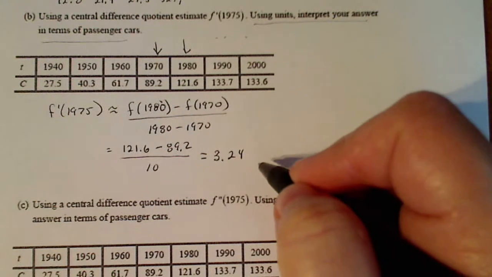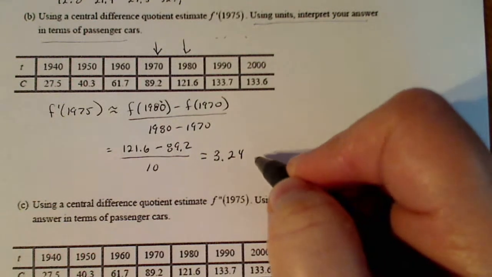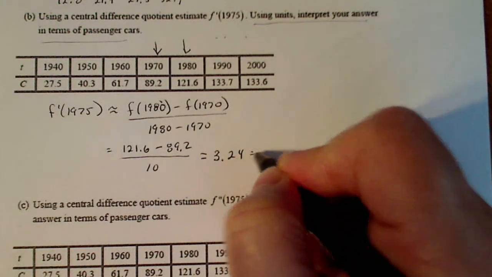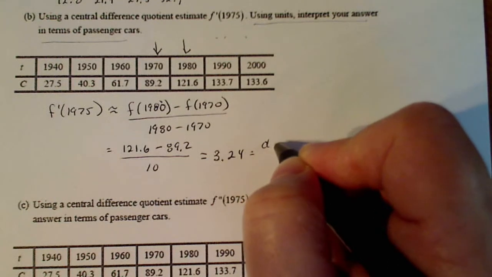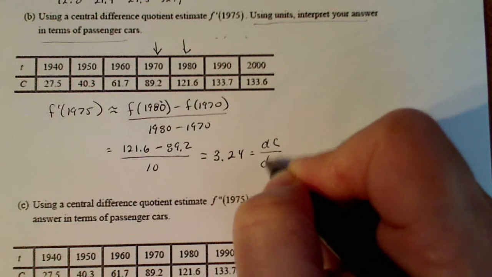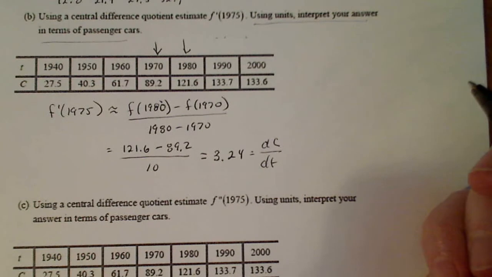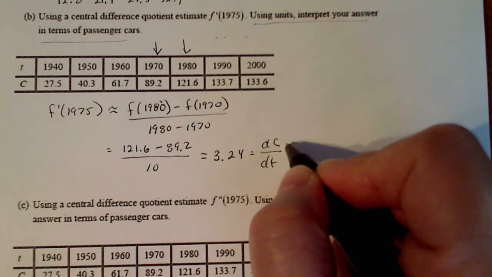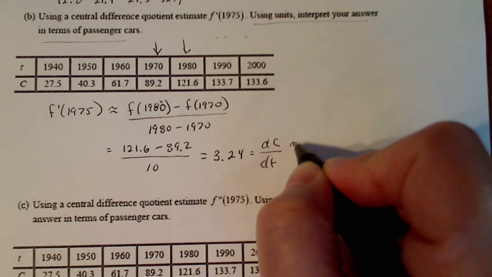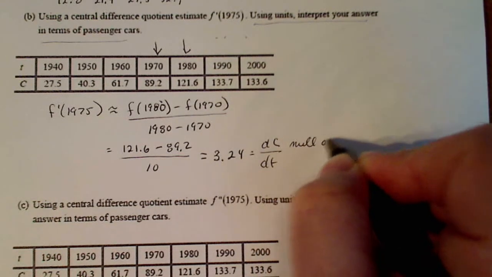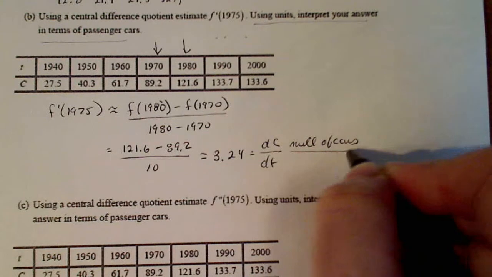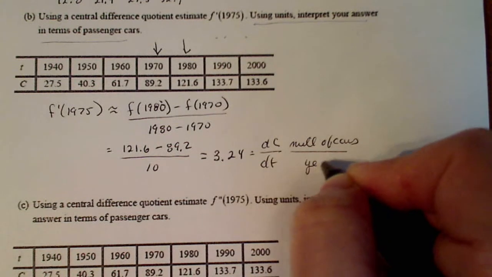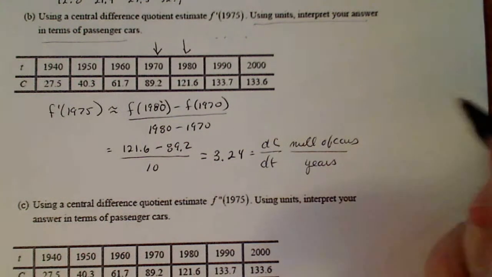The units of measure, in this case the rate of change, we can think of as the change in C with respect to T. So that helps us a lot with our units of measure. The change in C is the change in millions of cars, and the change in T is years. So the units of measure is millions of cars per year.